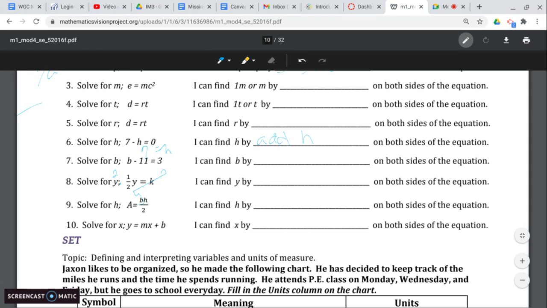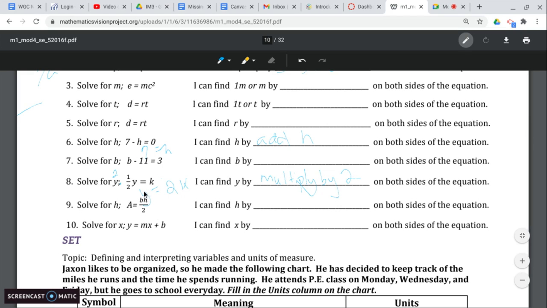So we have y equals 2k. So multiply by 2.